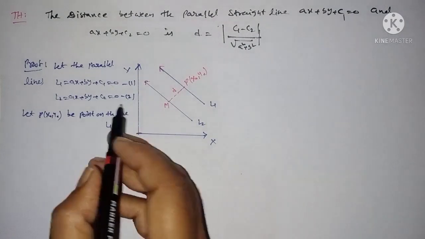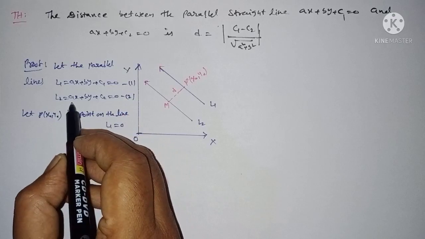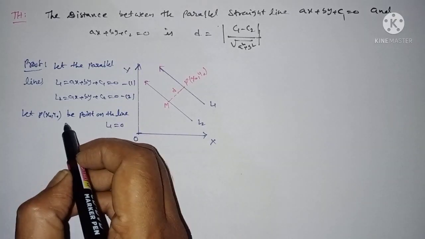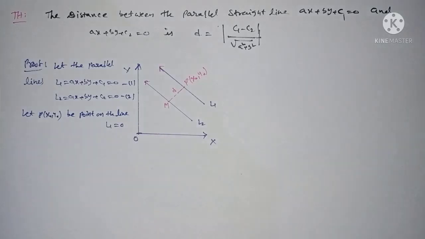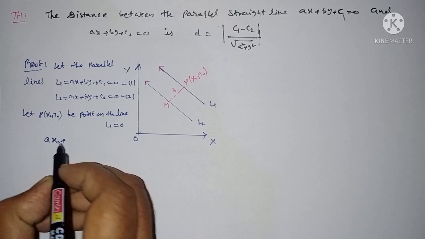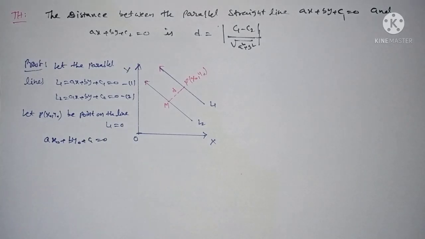Therefore, I am writing the two parallel line equations: ax plus by plus c1 is equal to 0 and ax plus by plus c2 is equal to 0. Since P is on L1, we can write a x0 plus b y0 plus c1 is equal to 0.